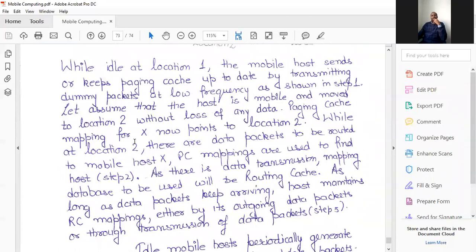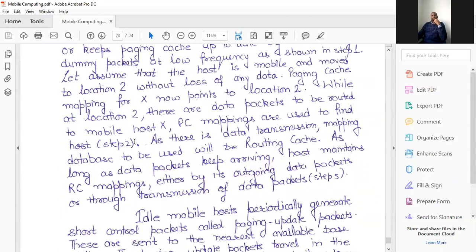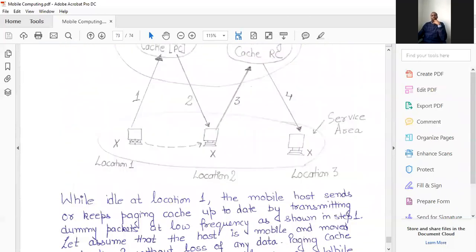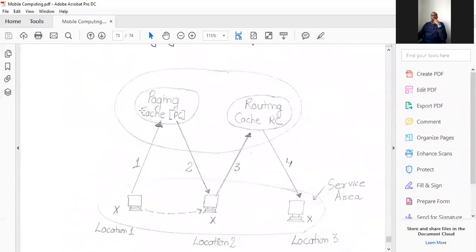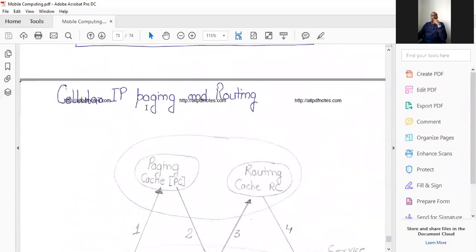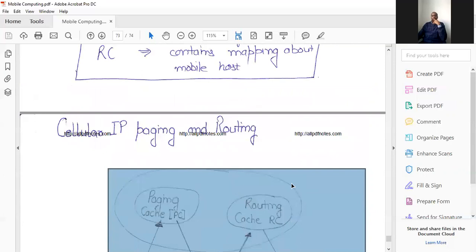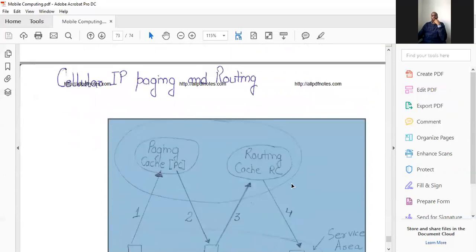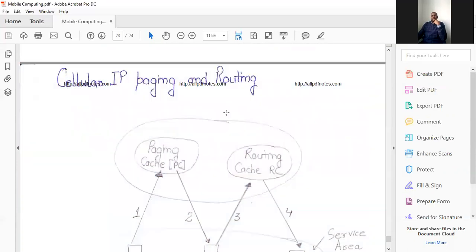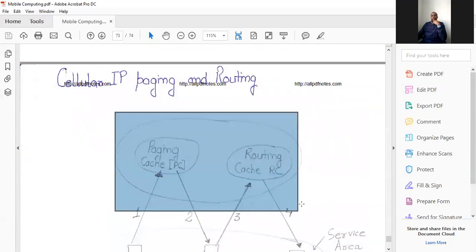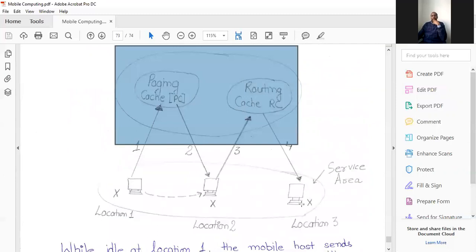So we can just look at how this happens. Look at cellular IP paging and routing, but of course I'm not going to ask you this particular diagram. I'm just going to ask you the concepts. But for the purpose of your understanding, you can look at this diagram here.